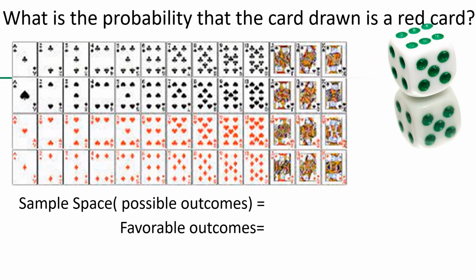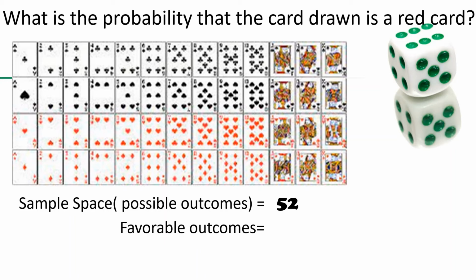What is the probability that the card drawn is a red card? So again, for the sample space, there are 52 cards in a deck. Para naman sa favorable outcomes, kanina meron tayong 13 cards for the heart, at meron pang another red card which is yung diamond. So there are also 13 cards na diamond.